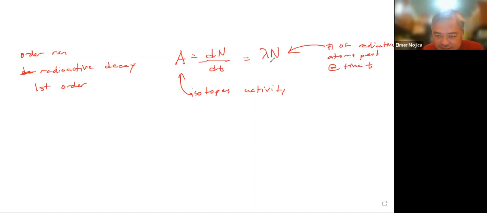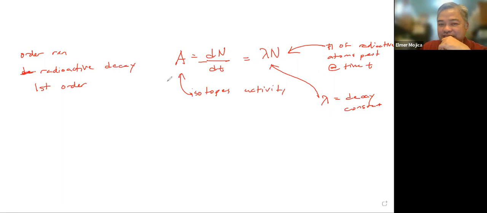Okay? And ano naman tong lambda dito? What is that? That is your decay constant.